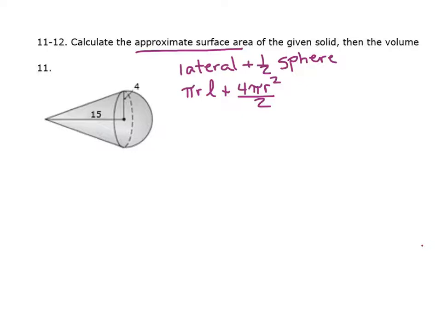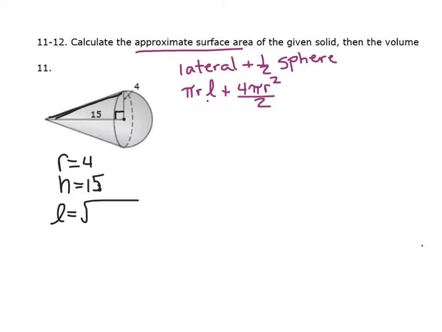In this particular problem, from the diagram that we have, we know we have a radius of 4, a height of 15, but I need to find the L. This would be the slant height. That's not given, but we know it forms a right triangle. So we can find the slant height by using Pythagorean theorem.